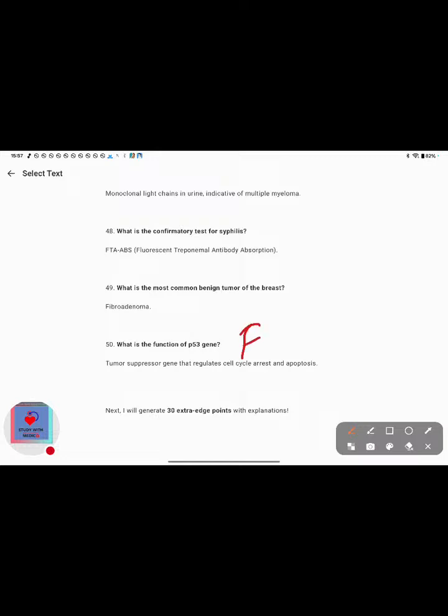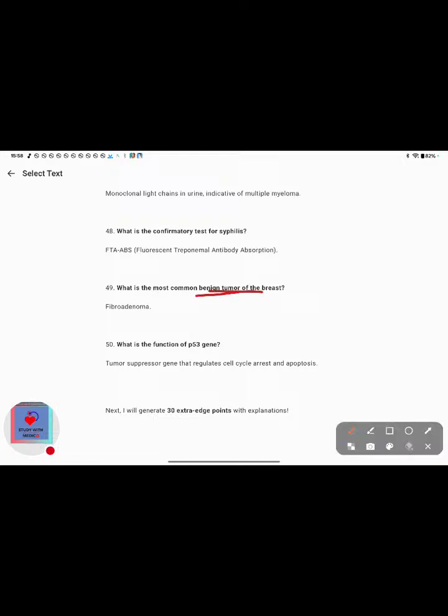FTA-ABS means fluorescent treponemal antibody absorption. ABS means absorption.